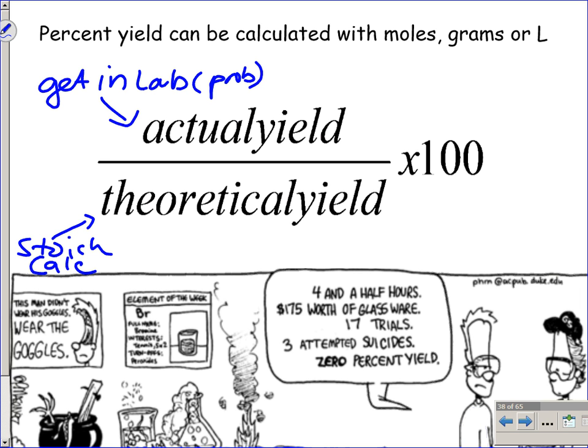And every single time you always multiply by 100 because that's what our process of percent is. So this will give us percent yield. Okay, so if you were a fantastic lab student, what's a really good yield, do you think, for a reaction?